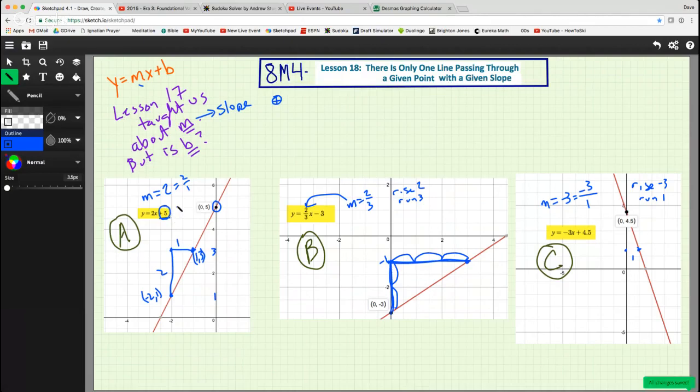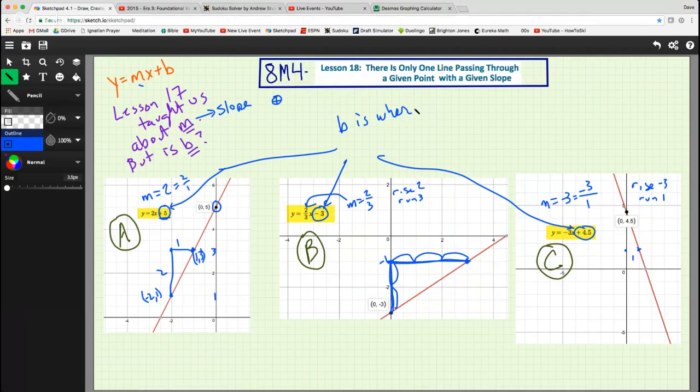This number, in all cases, whether it's an integer or a decimal number, the b is where the line crosses the y-axis.